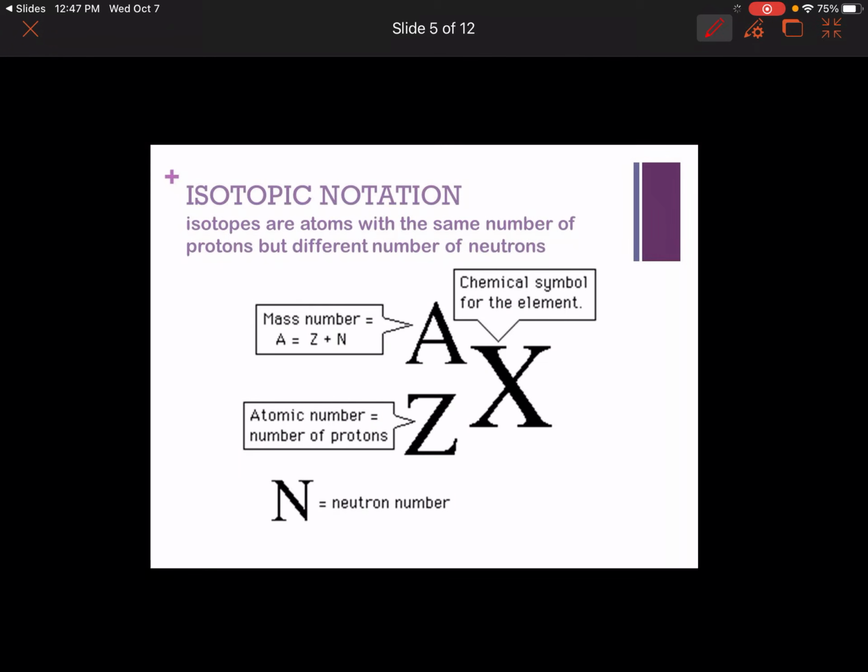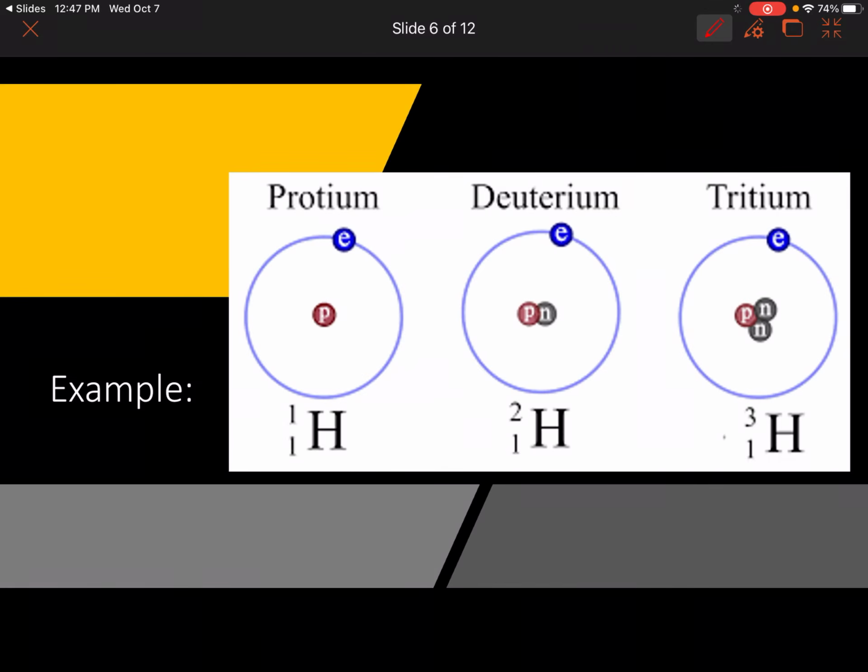Now, isotopic notation, again, you know this part already. X stands for the chemical symbol, the superscript is the mass number, and then the atomic number is below that. For an example, these are the 3 isotopes of hydrogen.